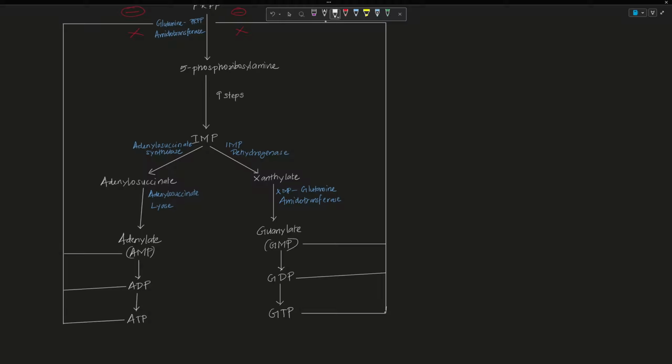Another inhibiting step is: AMP inhibits adenylosuccinate synthetase. GMP also inhibits that same step. By the same step, I meant the same step on the right side.